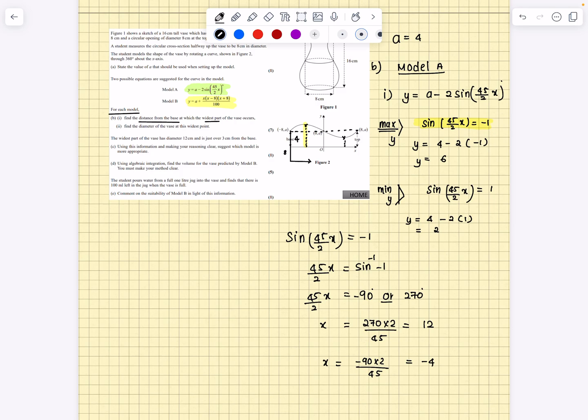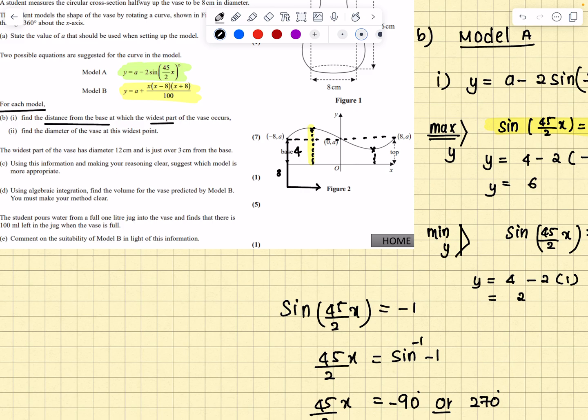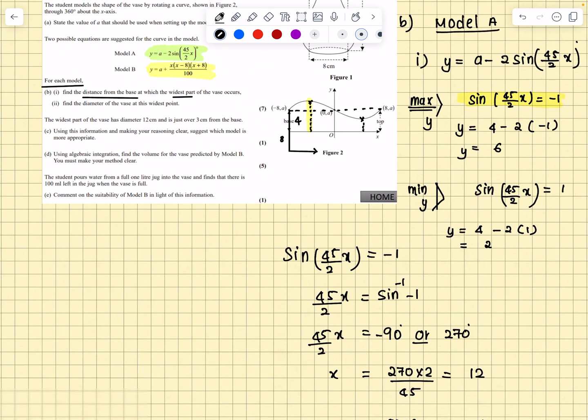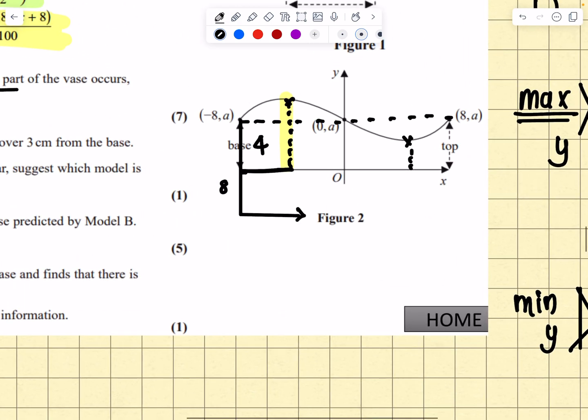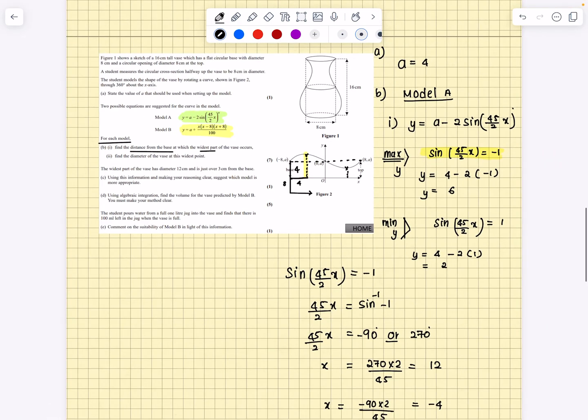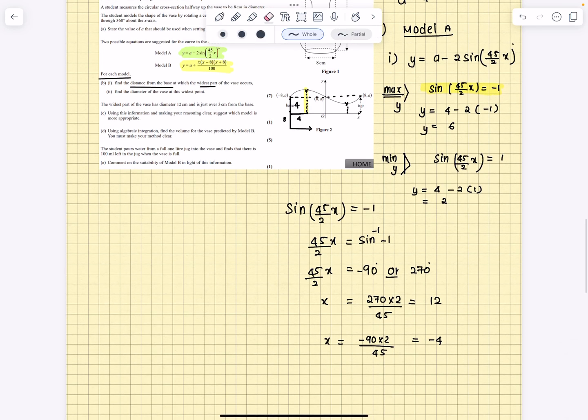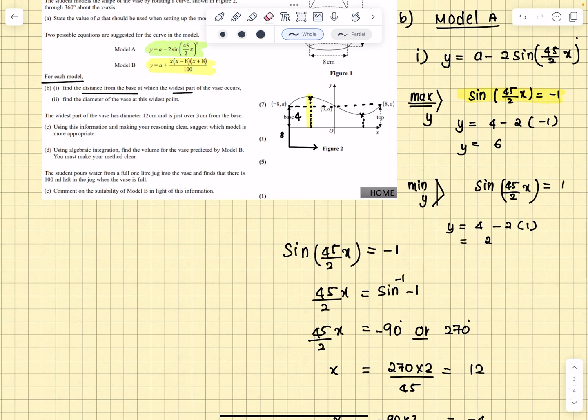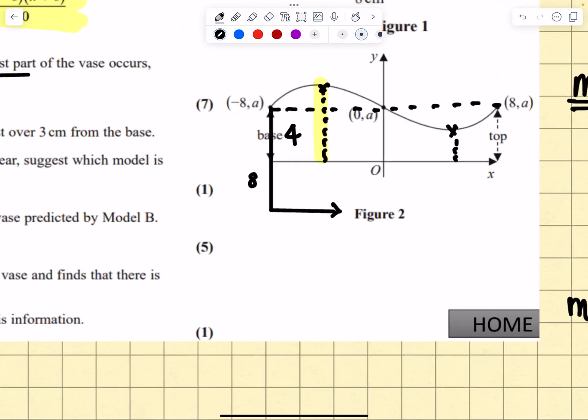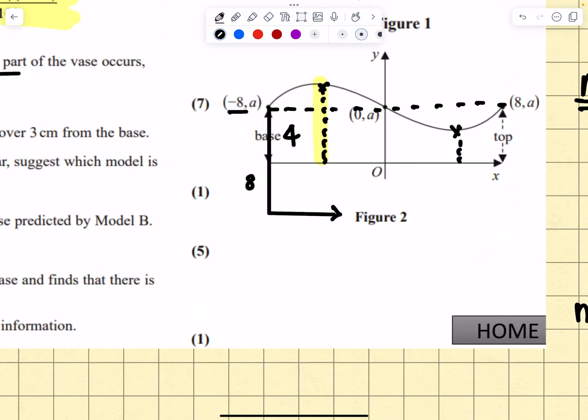I've been asked how much it should be moving from the base to get to this point. And I know it has to move 4 across. How do I know 4 across? The x is 12, which is what I calculated here, by the way. To calculate the movement from minus 8, if it moves 12, it's going to be 4.